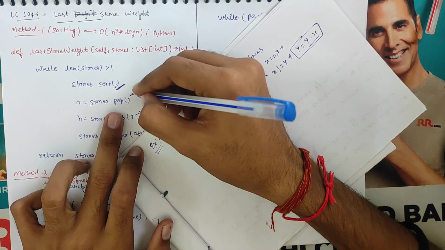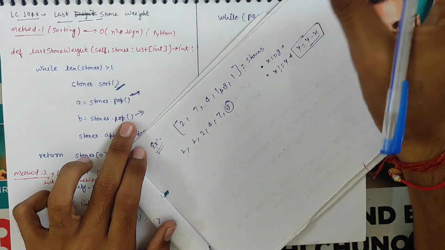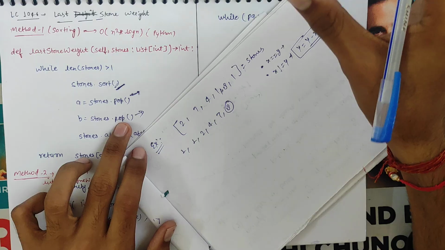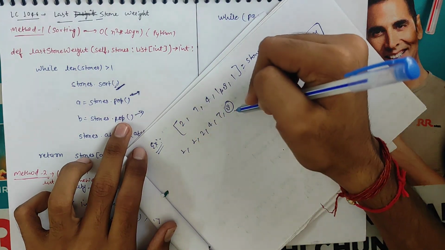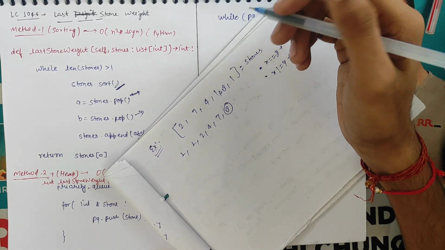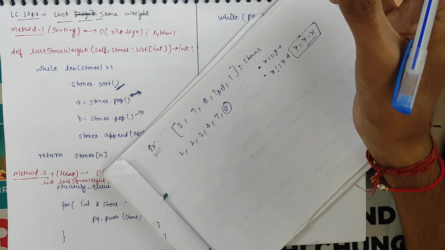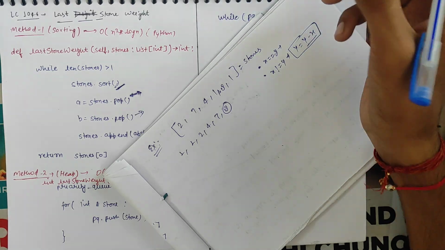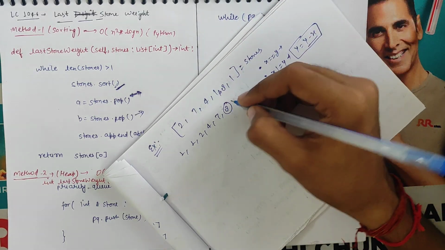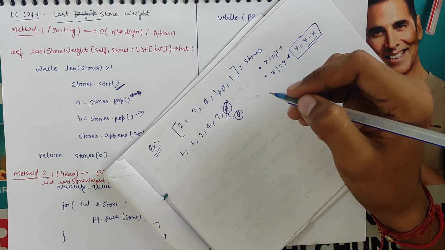Stones dot pop means it picks the largest element, the last element of the array. Since we have sorted it, the last element will be the heaviest stone's weight. So we first pick the element from the last, and after that we pop that element from the array. So we picked 8 from it, and after that we popped 8 from the array.